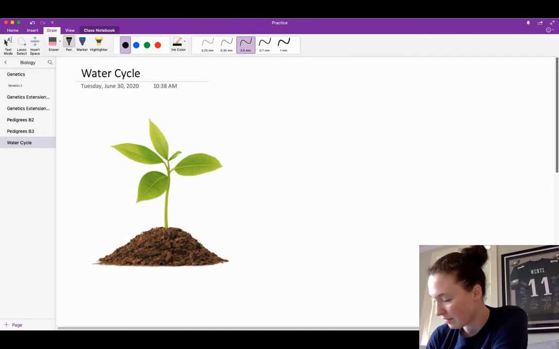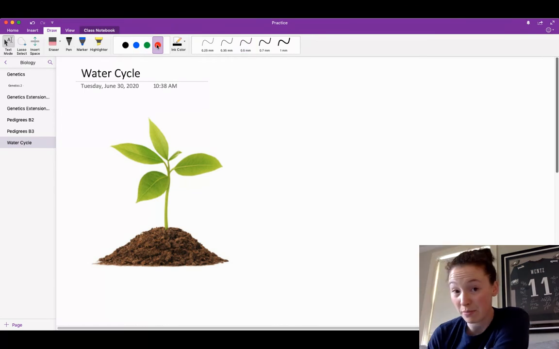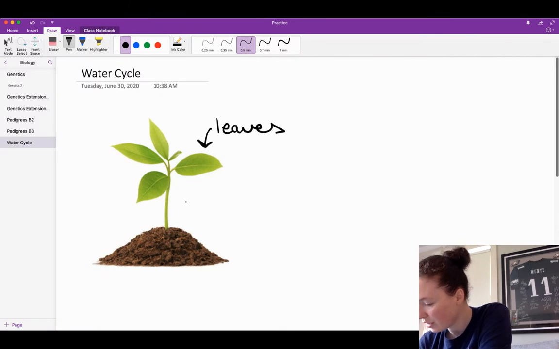So here's a plant. And first I wanted to note quickly the major parts of a plant. There are three major parts to a plant. Those are leaves, stems, and we can't see them right now, but beneath the surface here are roots.